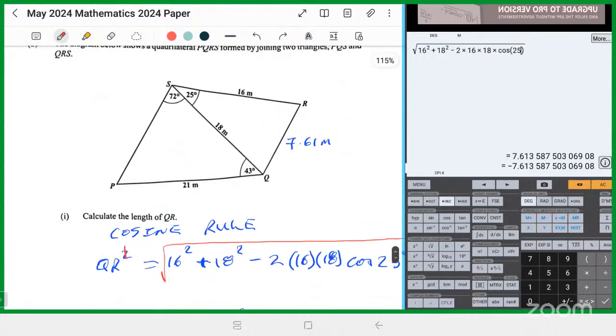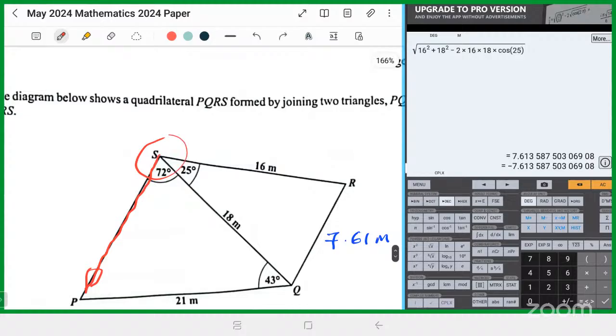So this is S, this is P. So the bearing of this direction is 205 degrees. Now how do we get the bearing of that direction? At the from position S, we have to show the north line first. Because like we're facing north, let me put it all the way up here. Show the north line up here first.